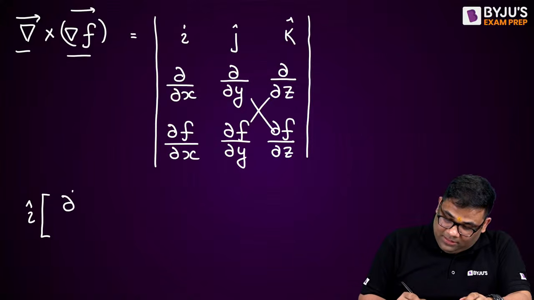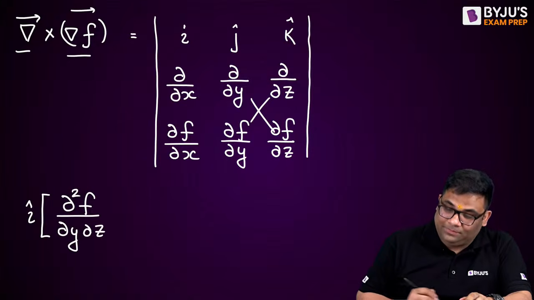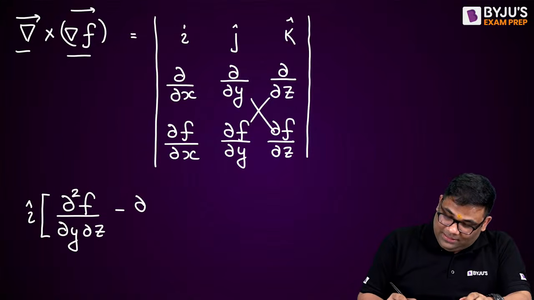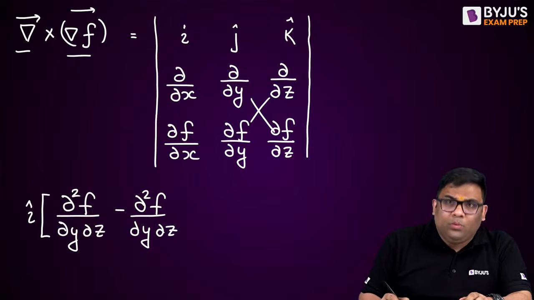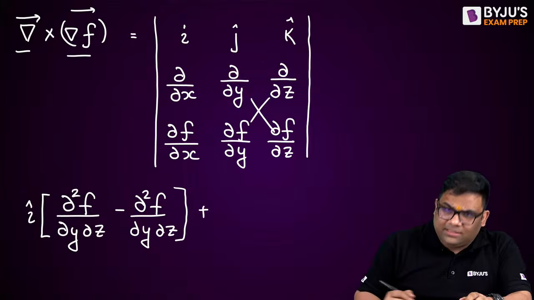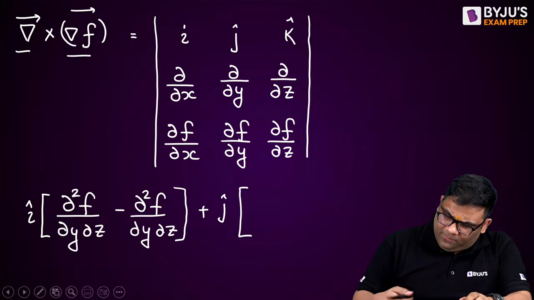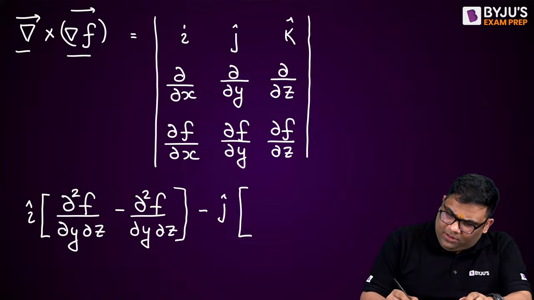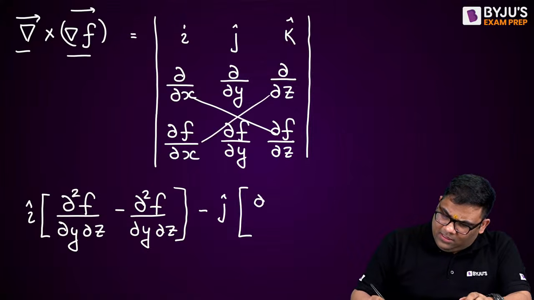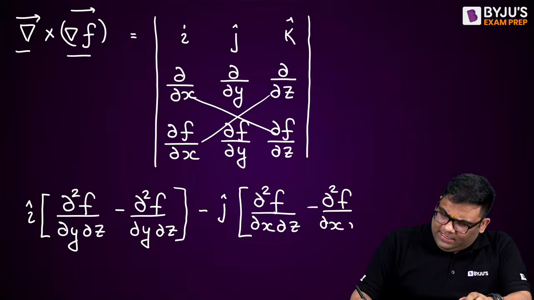So it becomes del square f by del y del z minus del square f by del y del z. Then minus j of this, del square f by del x del z minus del square f by del x del z.